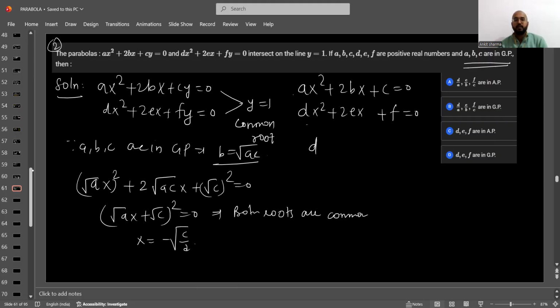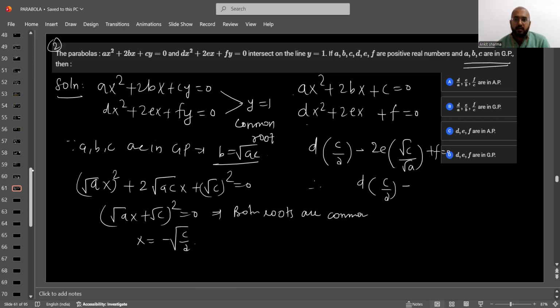So I'll have D, and x squared is going to be C over A, then minus 2E, the x value is root C over root A, and then plus F is equal to 0. Now if I open this further, it turns out to be D into C over A, and minus this is E.